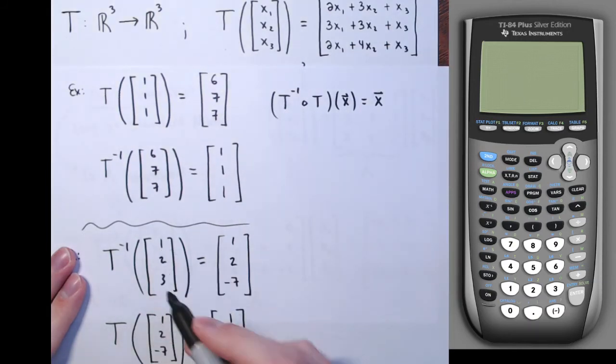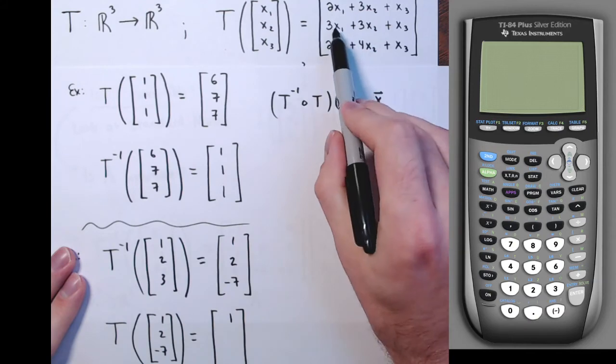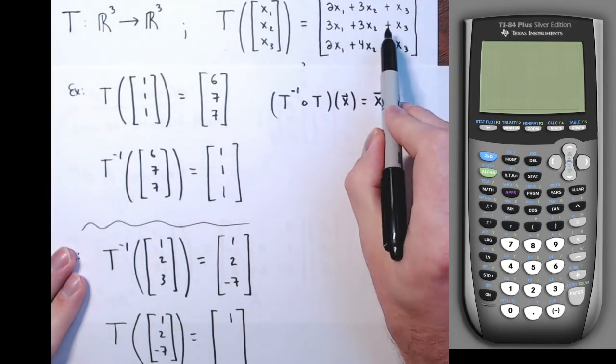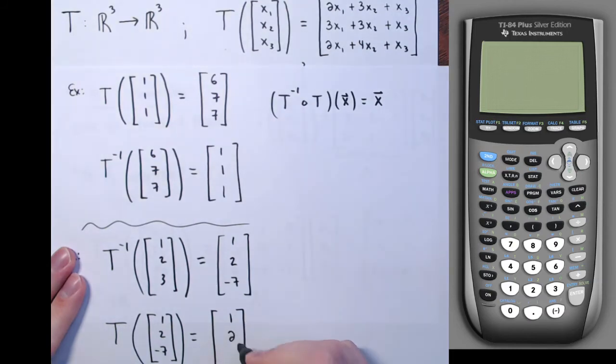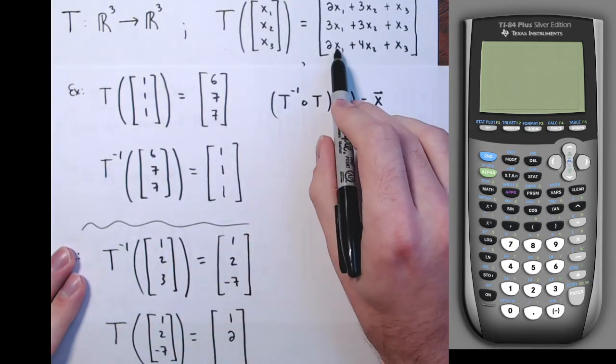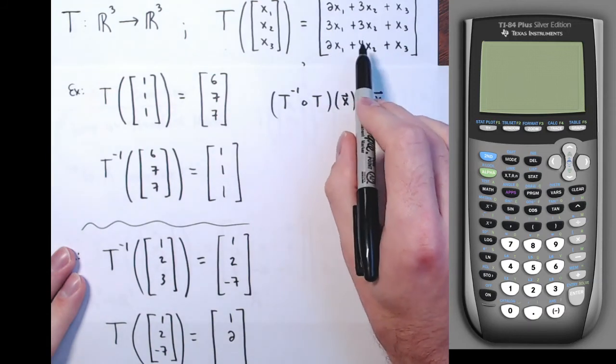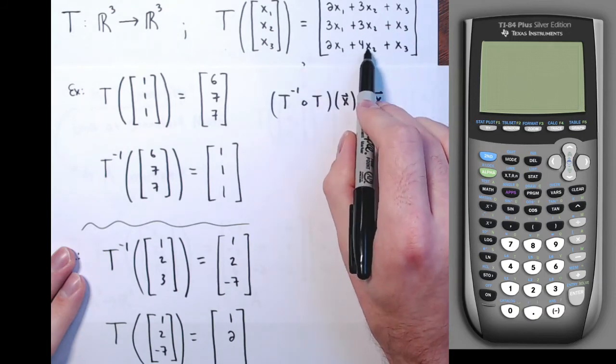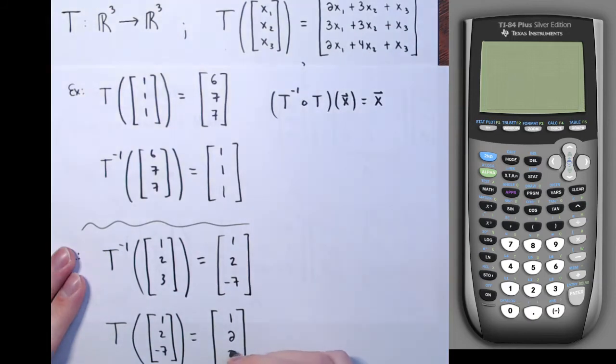So far so good. Then 3 plus 6 is 9, plus negative 7 is 2. Again, so far so good. I want 1, 2, 3. Then 2 plus 8 is 10, plus negative 7 is 3. Hey, took me right back.